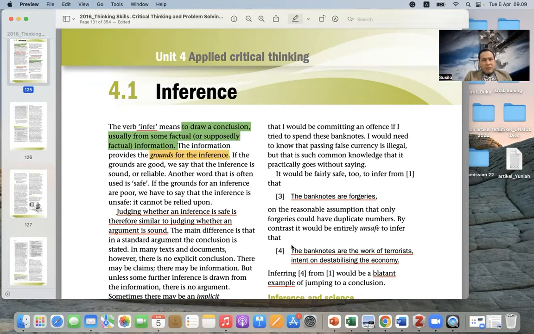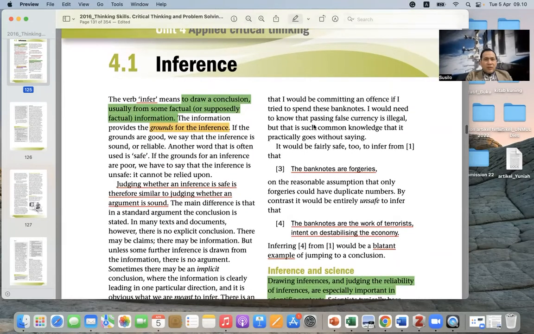So inference comes from the word infer. To infer means to draw something, or to draw conclusions. The information is usually a kind of background, so the grounds for the inference is the information. So when you have a claim, you are making an inference, right?